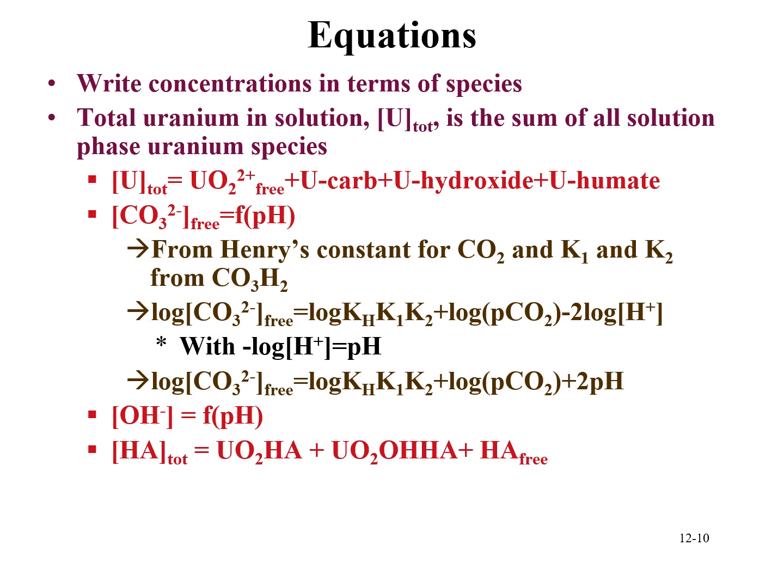And if I know my protonation constants for carbonic acid, I can actually write an equation where the log of the carbonate concentration is equal to the log of the constants plus the log of the CO2 partial pressure minus 2 times the log of the proton concentration.